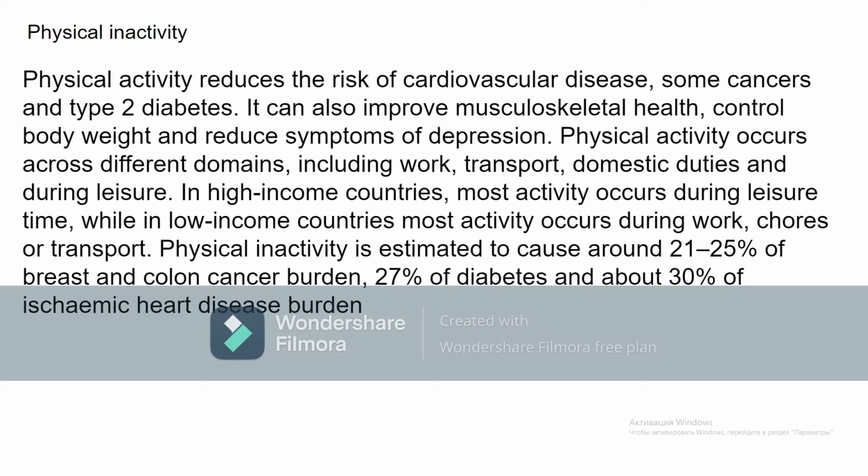Some of them, like type 2 diabetes or cancer, could be considered as not only about the influence of an aggressive environment, poor nutrition, and physical inactivity, but also genetic predisposition.